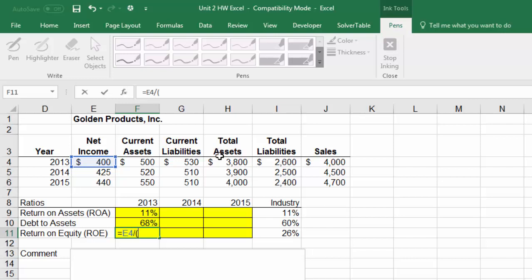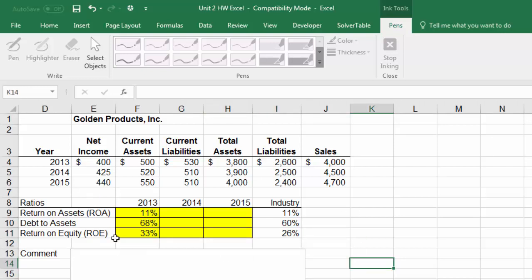I have assets, I have total liabilities, which means I can calculate equity. So equity is the difference between total assets and total liabilities. If I wanted to, I could add a column here for total equity. And that's 33%. Hey, that's looking pretty good compared to the industry, right? So we'll see what happens with that trend again over time.